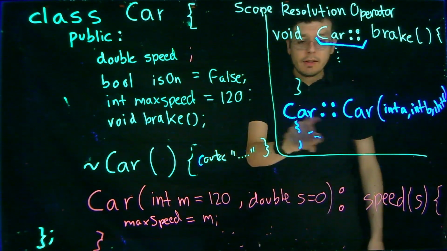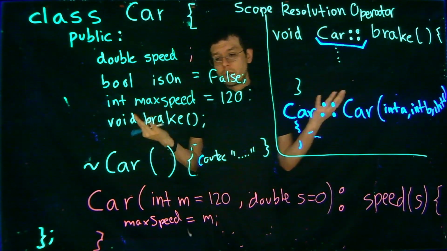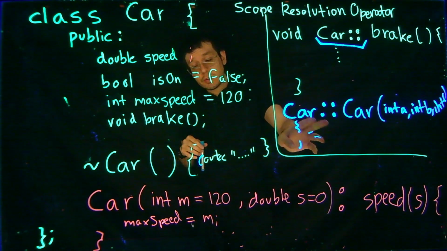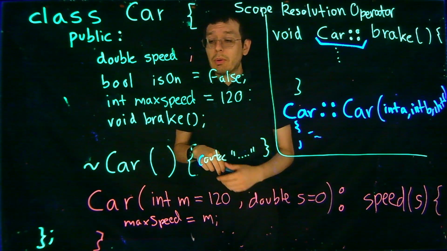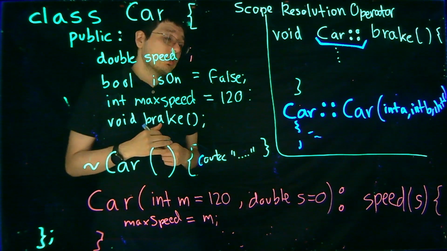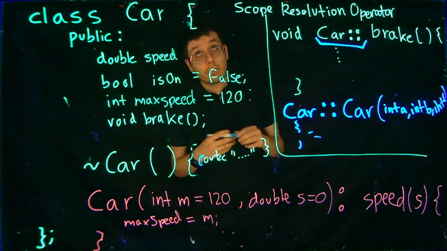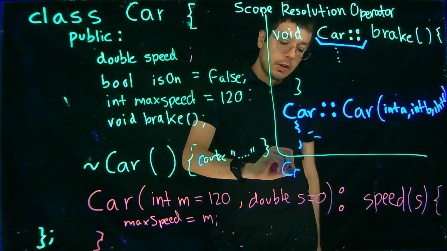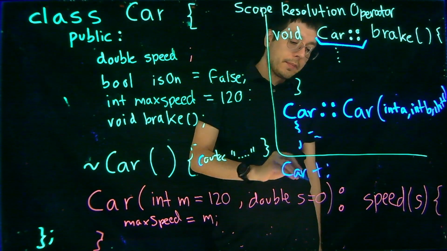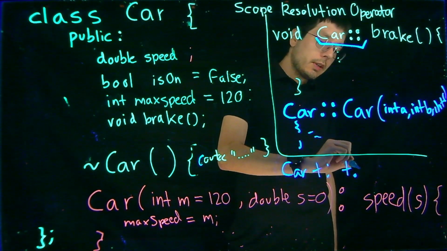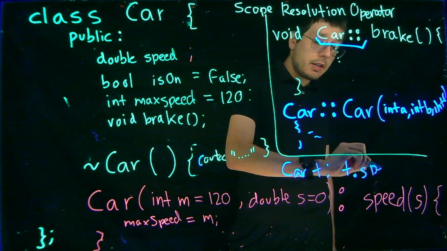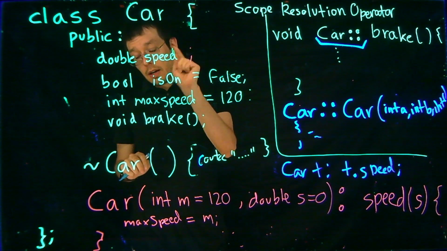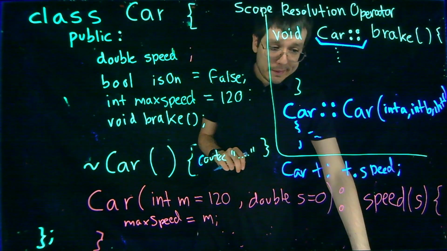The point being this, all right? When you're writing outside of the class, every time that you want to refer to a function, you use this. And actually, this will work too for variables. However, it's important to understand why it only works for certain kinds of variables. Going back to our instance of the car, so car T or Tesla, if you do something like T dot speed, you know that it's referring to the speed of this specific object of the car, right?